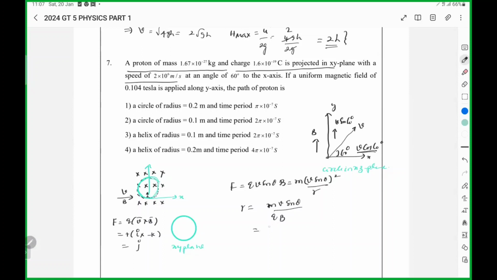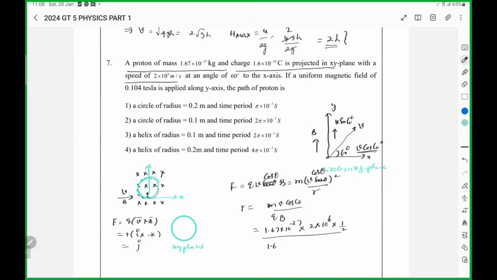So here m is 1.67 into 10 power minus 27. Velocity, in fact it is v cos theta in the perpendicular direction. You have to consider cos 60, which is half.